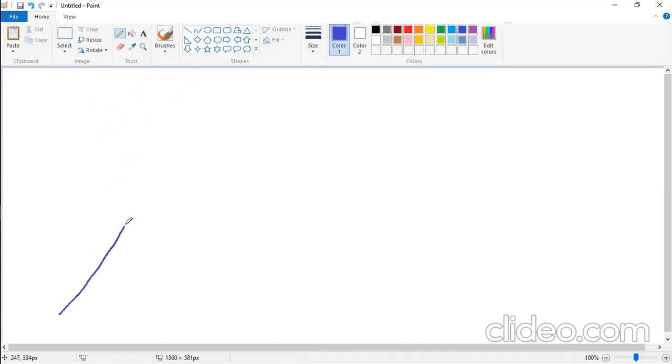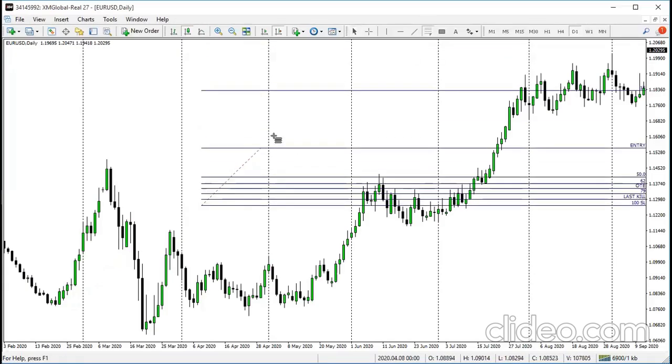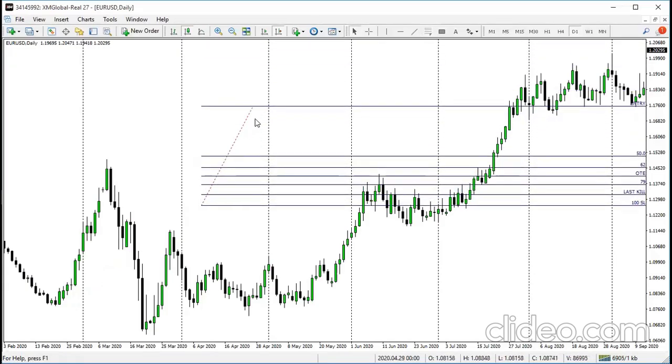So when price goes up, it makes a high, makes a low, makes a high. Do you know the Fibonacci? No, what's the Fibonacci? It's this thing here. You can see the numbers here. For us, we only use it to divide the range.